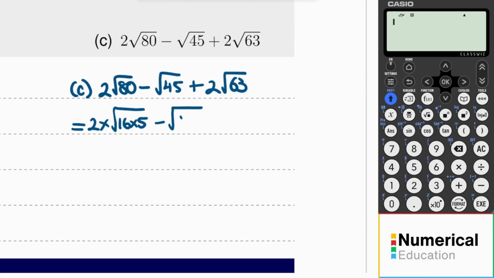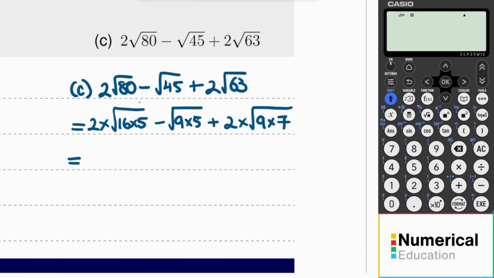So this will be written as root 9 times 5 plus 2 times, and then we've got 63. So 9 times 7 gives me my 63. So 9 times 7 will be here. All right. So our first step here is to go through each of those surds and just write down those correct combination of numbers.